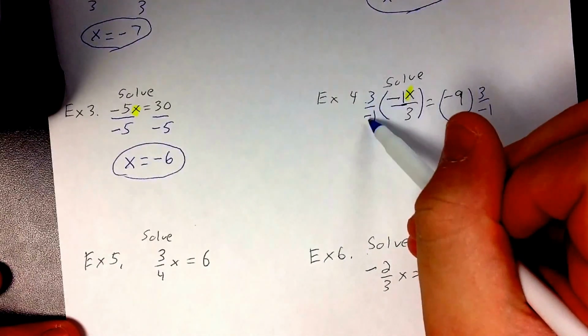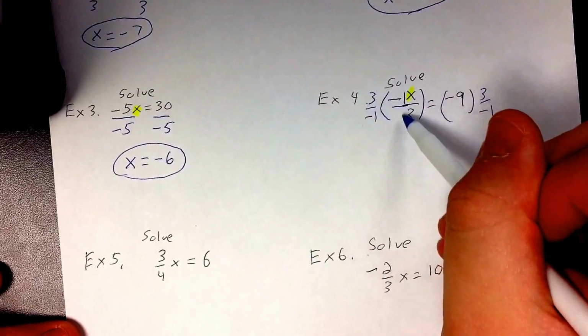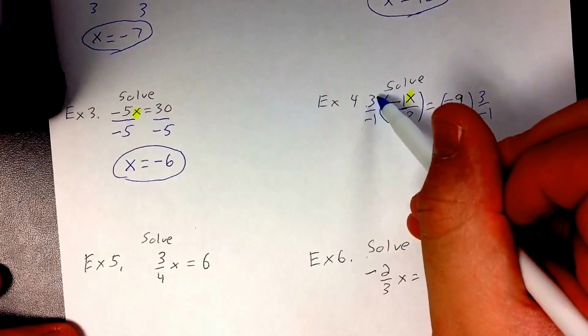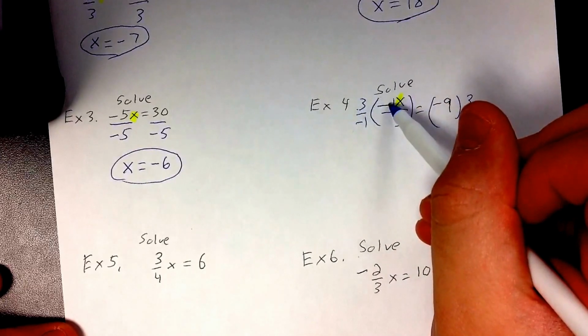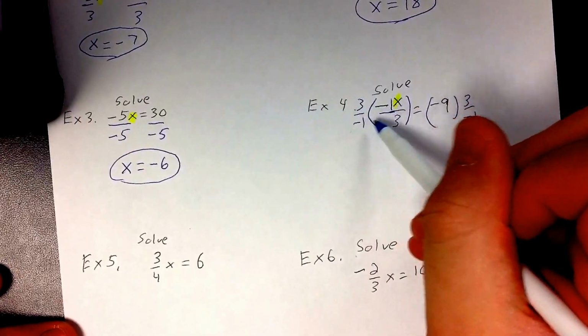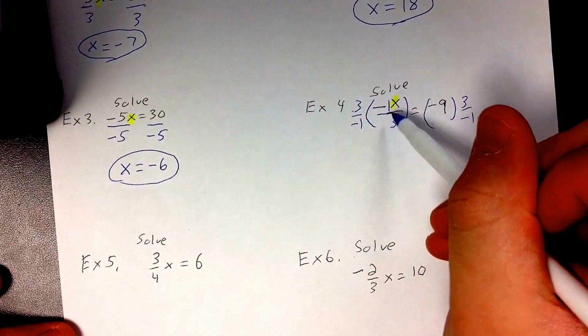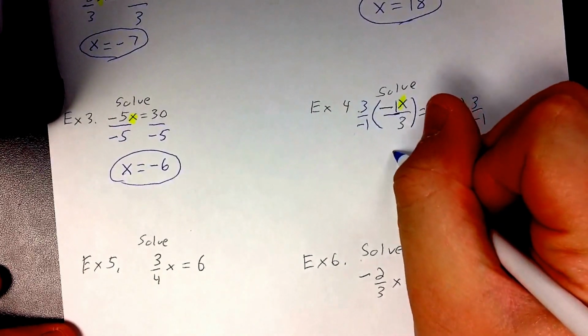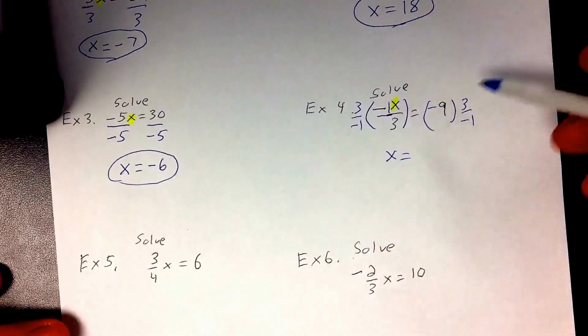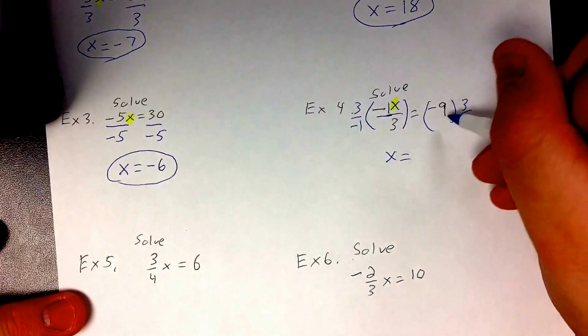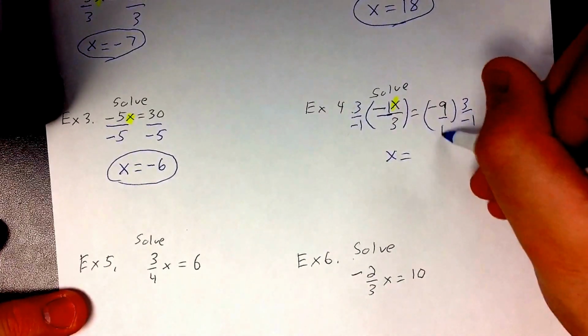Now when you do that on the left-hand side, everything's going to cancel out to 1, because if you think about this, 3 times negative 1 is negative 3. Negative 1 times 3 is negative 3. So that cancels to a positive 1x. Now on the right-hand side, you need to think about this as negative 9 over 1.